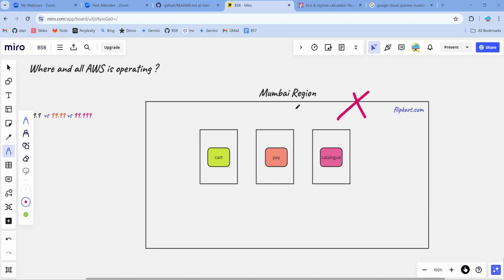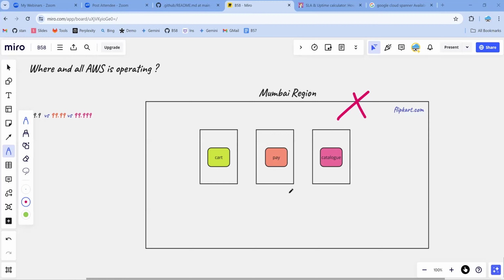What will happen to all the customers whose applications are running on this region? Not just Flipkart.com, Swiggy.com, Google.com, a lot of applications. Paytm.com, everything is running on this Mumbai region. Or let's assume because of a natural calamity, you lose this entire data center.